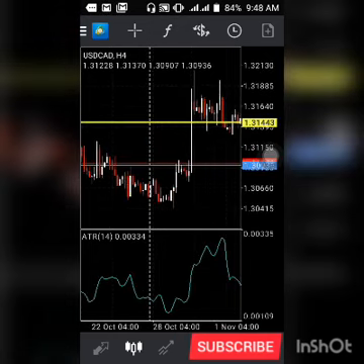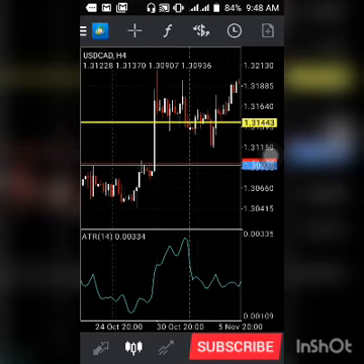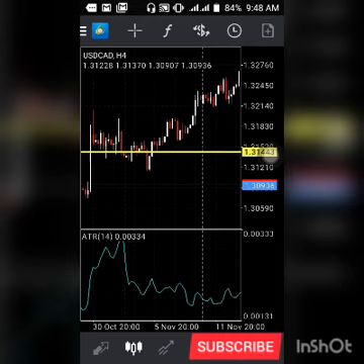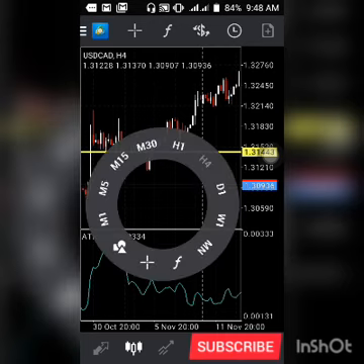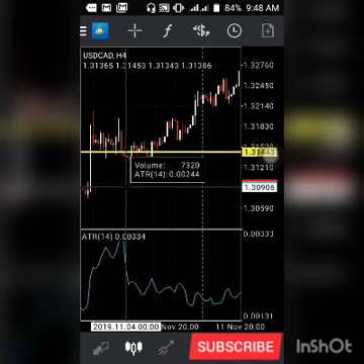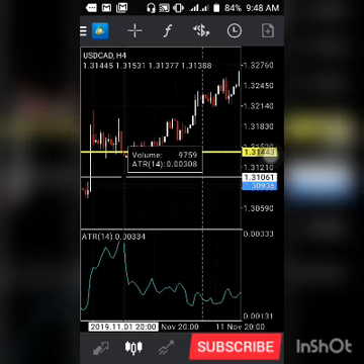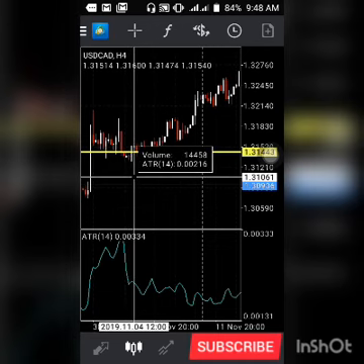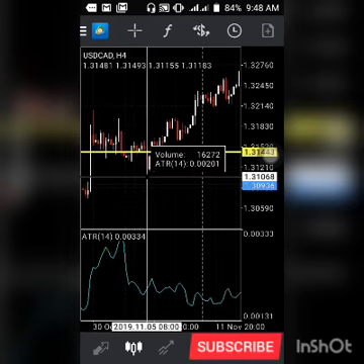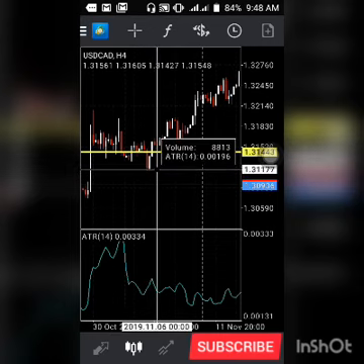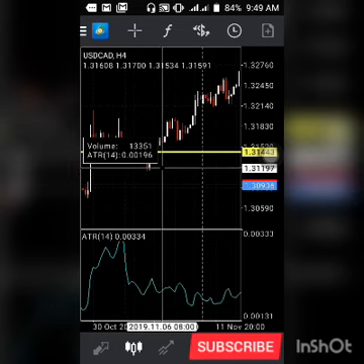Okay, so this is for USD CAD. If you see this 3 hour chart for this week, the yellow line is the 3 hour candle open for that week. So if you count 15 candles from that point, 1, 2, 3, 4, 5, 6, 7, 8, 9, 10, 11, 12, 13, 14, 15.